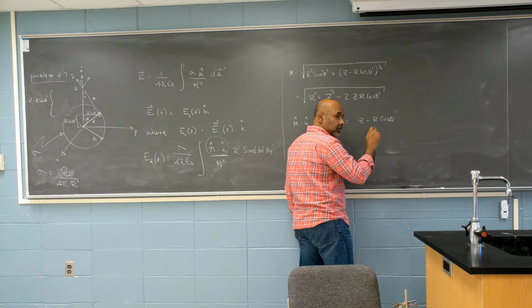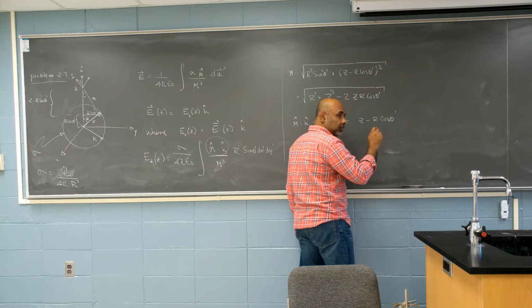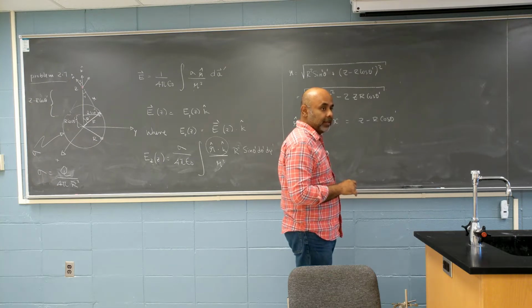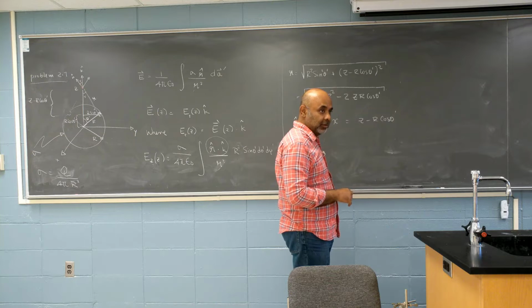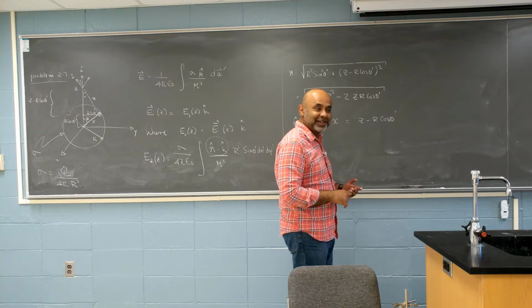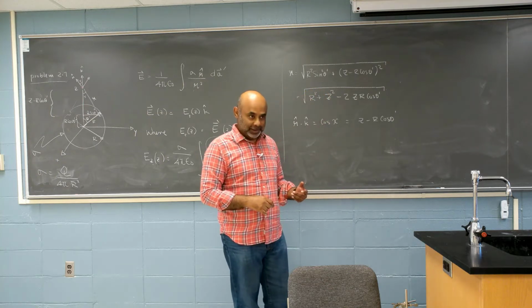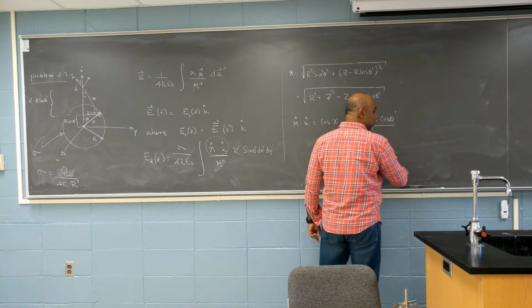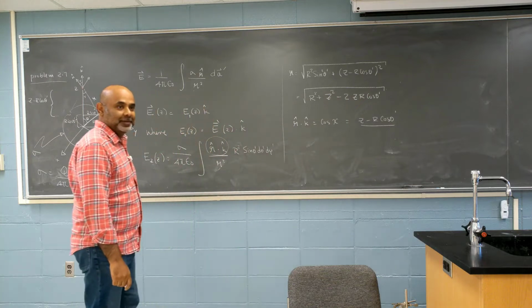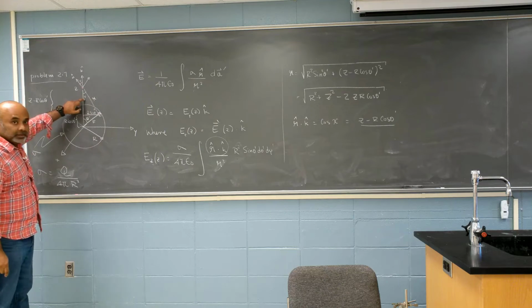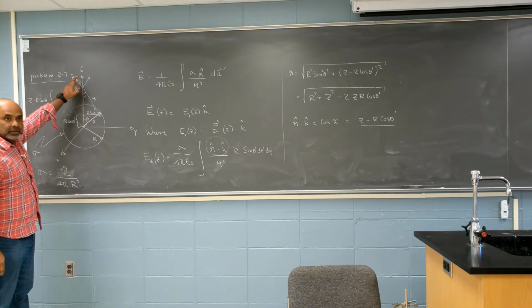Almost. Cosine of chi, what is cosine? Adjacent over hypotenuse. Say it with confidence. So what's the hypotenuse? Script R, this guy. This is chi. So r hat dot k hat, I write as cosine chi.